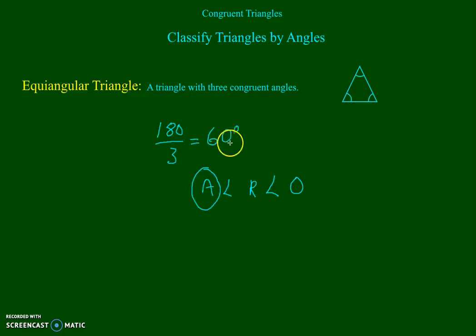So because an equiangular triangle has measures equaling 60, it qualifies as being an acute triangle. So that's why equiangular triangles don't fit that restriction of an acute can't be a right, which can't be an obtuse. So let's summarize what we have so far.